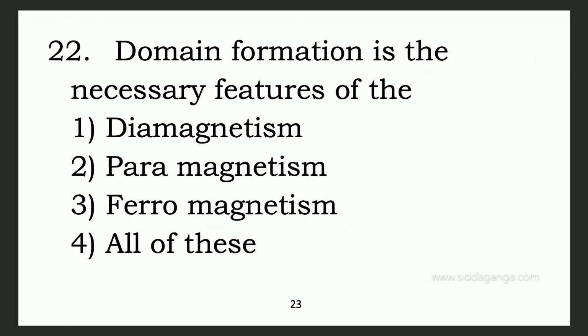They maintain some magnetism and the substance behaves as a magnet. That is possible in the domain structure, where we see micro units in the ferromagnetic substance containing millions of atoms which have moments in the same order. The substance possessing domains is a ferromagnetic one. Option number 3. Come to the next.